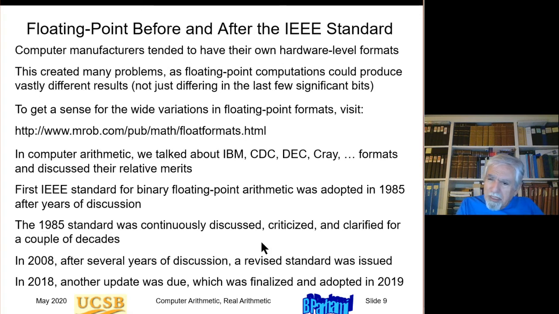So this is IEEE 754-2008. After another decade, discussions started for revising the standard. There were a lot of heated discussions as usual, and the standard was eventually finalized and adopted in 2019. So the latest version of this IEEE 754 standard is IEEE 754-2019, which is in effect today.